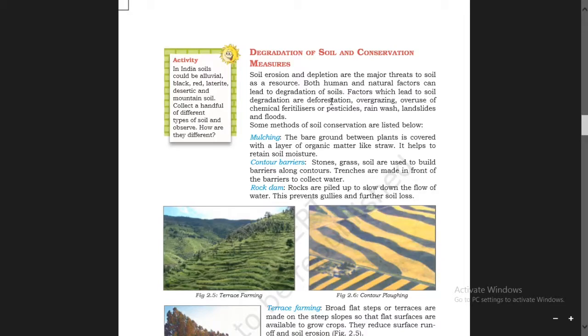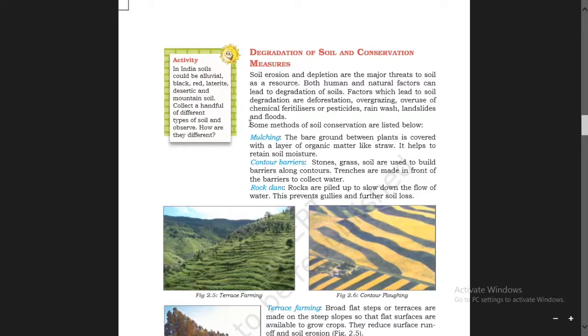Factors which lead to soil degradation are deforestation, overgrazing, overuse of chemical fertilizers or pesticides, rainwash, landslides, and floods. Boys, see here again, factors, you underline this, okay? Factors which lead to soil degradation. So these are responsible for degradation of soil. These are deforestation.